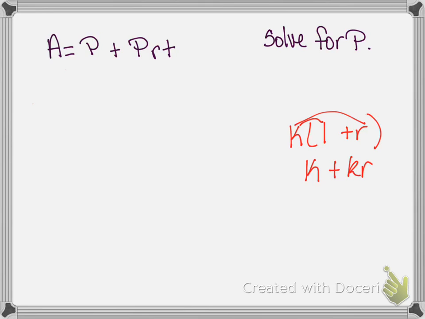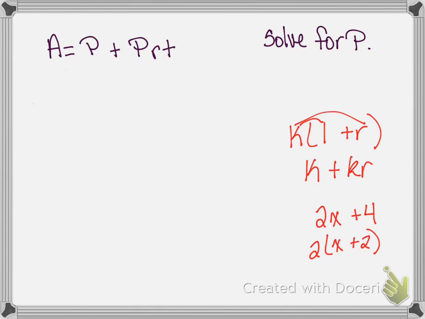Now, if I have 2x plus 4, can I pull a 2 out of that and get x plus 2? What is that called that I just did right there? Anybody remember what that's called? I factored. I factored out a 2 because that was common in the 2x and it was common in the 4. Here, I distributed the k.